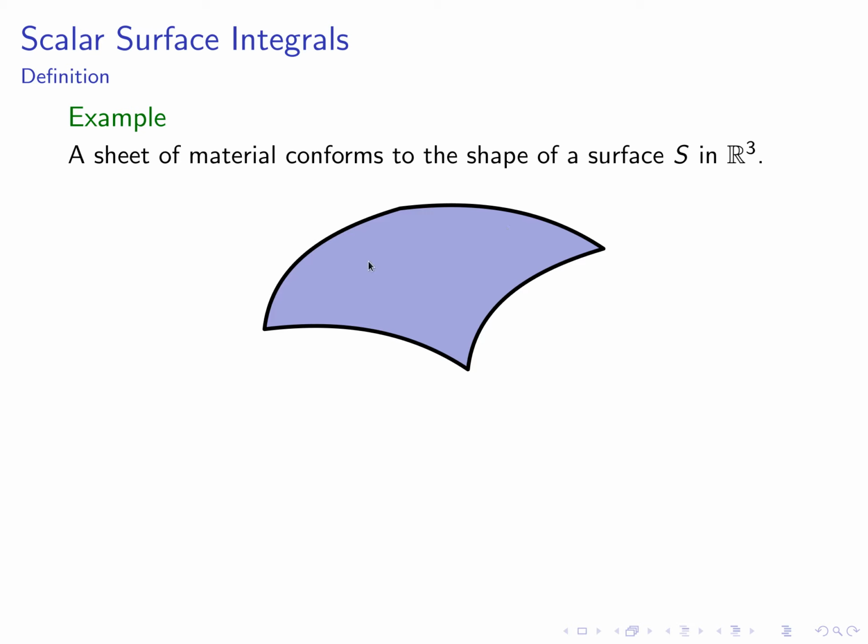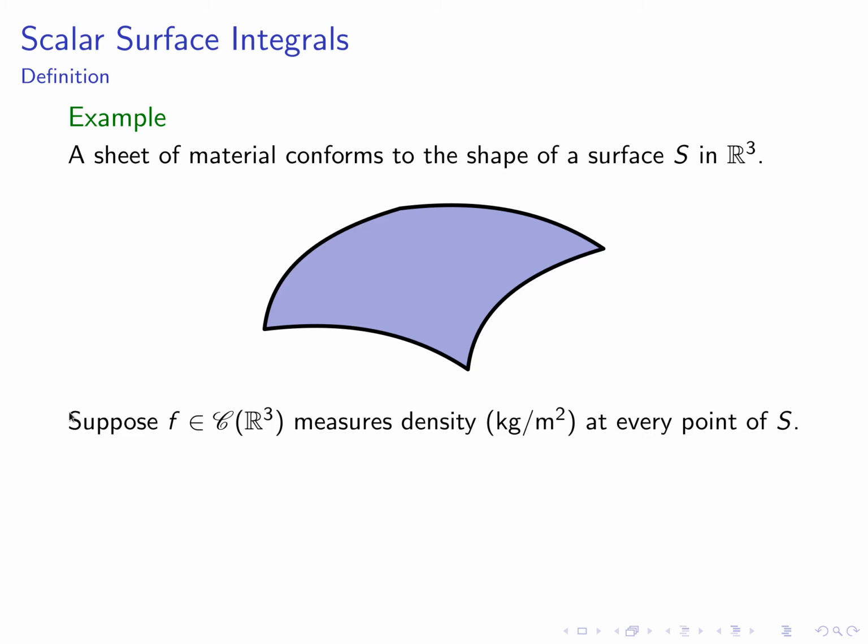Here we're looking at some sheet of material, and let's say we have a scalar field on 3 variables that measures the density in kilograms per meter squared at every point on the surface. Say we chose one point P1 on the surface and plugged in the coordinates for P1, and the scalar field spit out, say, the density 7 kilograms per meter squared.